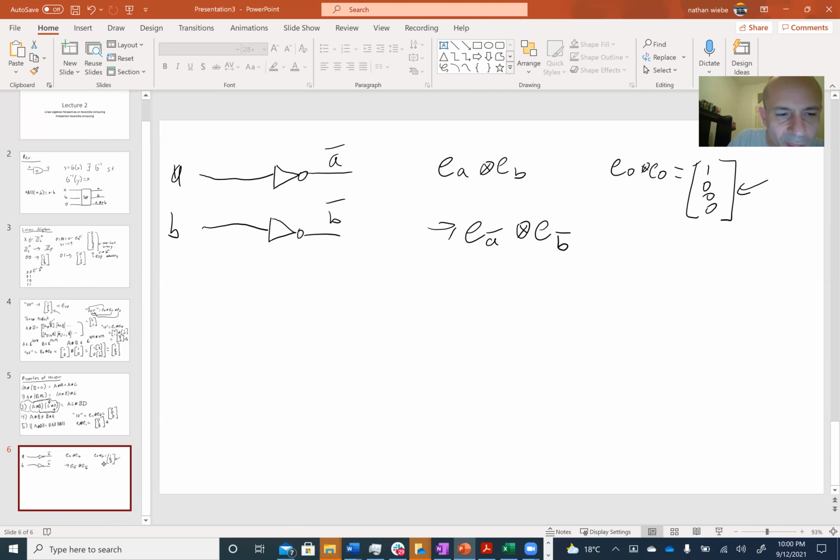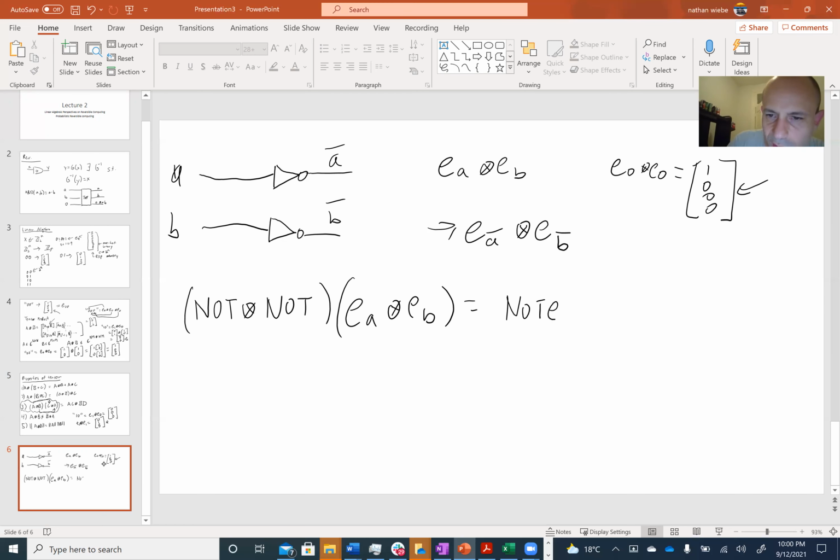So from that property, let's take a look at what NOT tensor NOT ends up looking like. Well, NOT tensor NOT acting on EA tensor EB, using that distributive property, is NOT EA tensor NOT EB. That's pretty cool. So you can see that it does the distribution correctly over the two.